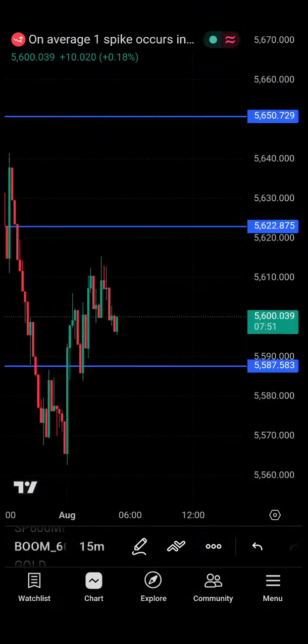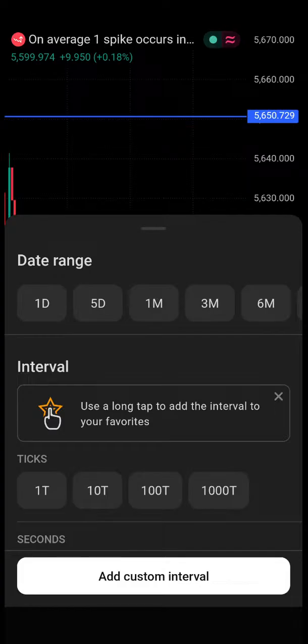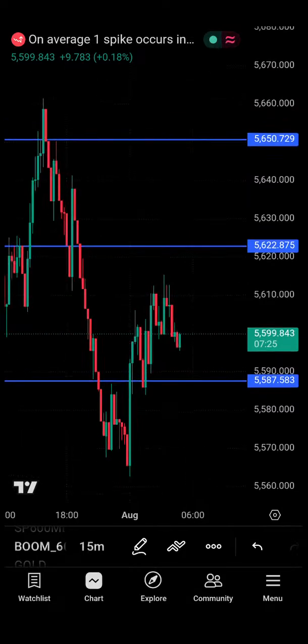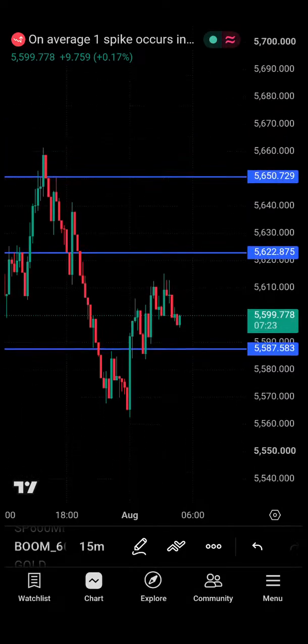And same applies on Boom 600. We started on the weekly time frame. We went to the daily and we established that the market is still testing the major support, the major resistance. We are waiting for a breakout. Okay.